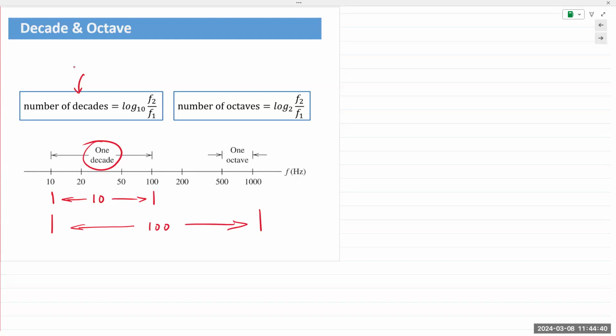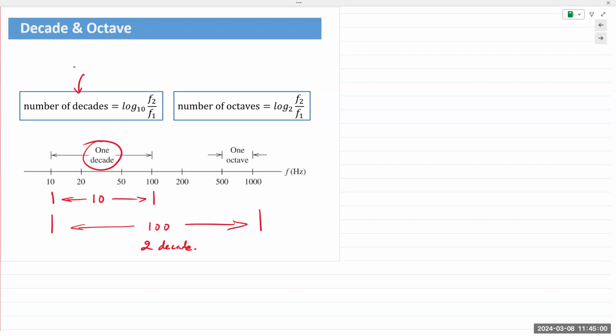Log of 100 is 2. And right away, you can see how using the log scale, we have compressed a linear 10 to 1000 hertz into a small space, right? Into a small space.